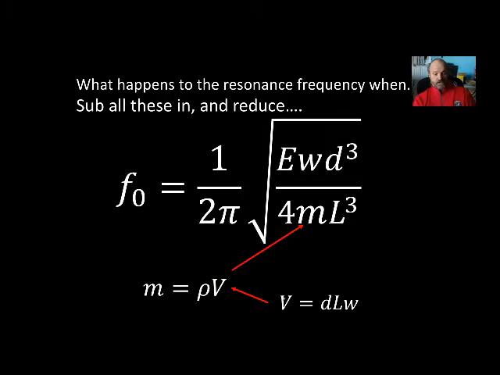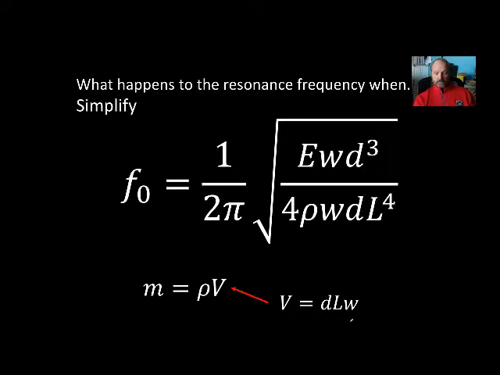All right, so we back substitute in for the volume. It's thickness times length times width. We put it in the equation. I'm just doing this in gory detail so you can see what's going on. Notice that it went to L to the fourth, because width times length times L to the third is L to the fourth, so follow along.